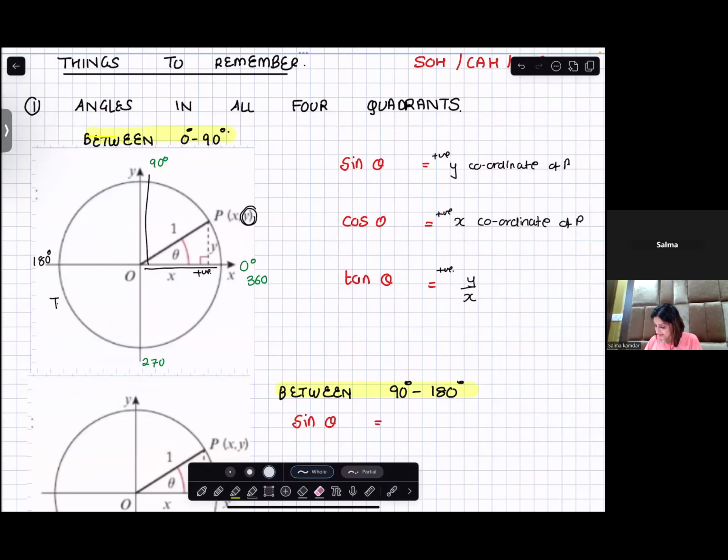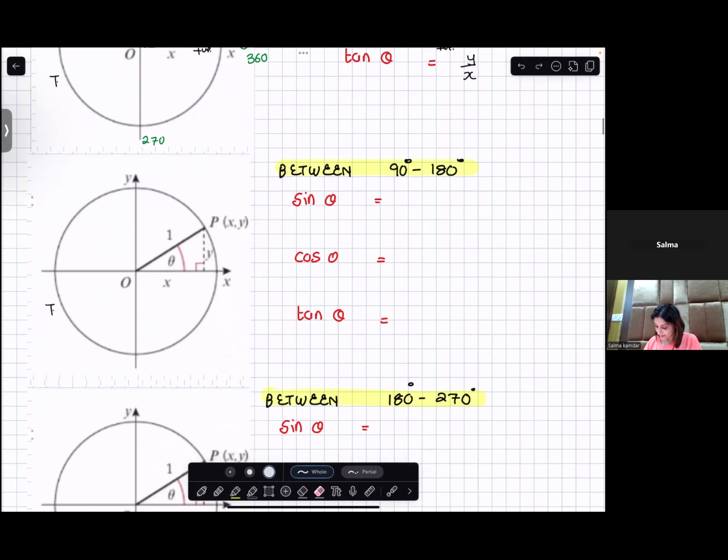Okay, let's go to the second quadrant. So how does my second quadrant look like? We will again plot our points. This is 0, 90, 180, and 270. How do I draw this? I would draw a line from the origin to the circumference and then draw a straight line.